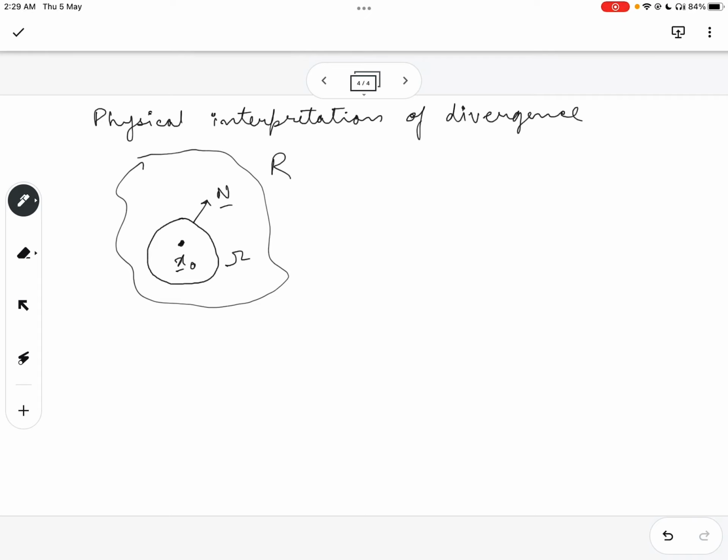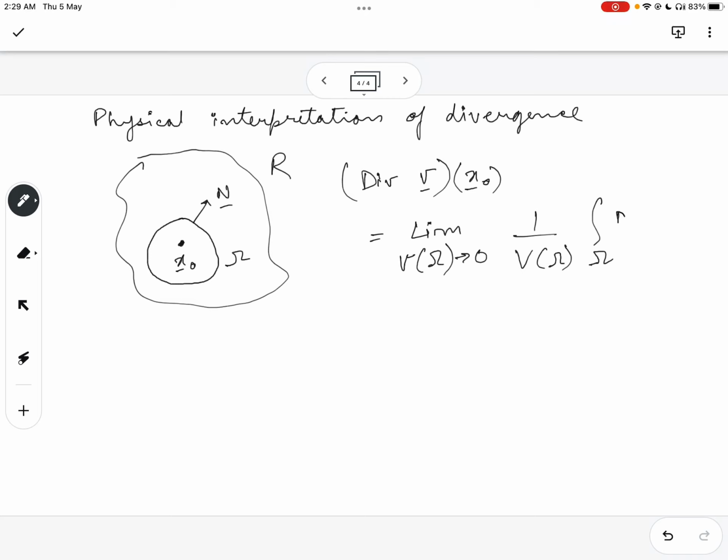Calculating the divergence of the vector field at x0, this can be given by the mean value theorem: the limit, as the volume of omega tends to 0, of 1 by the volume of omega times the volume integral of divergence of v on omega. Omega is a subset of R and x0 belongs to omega.